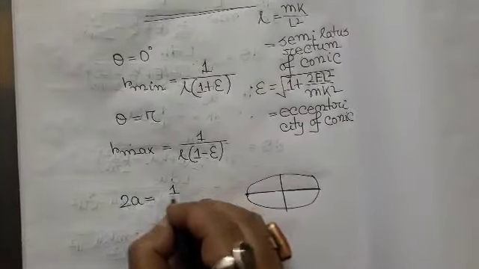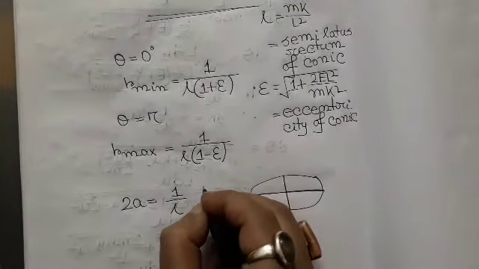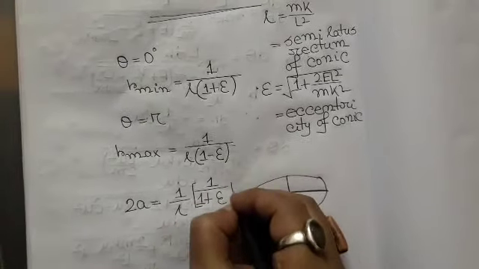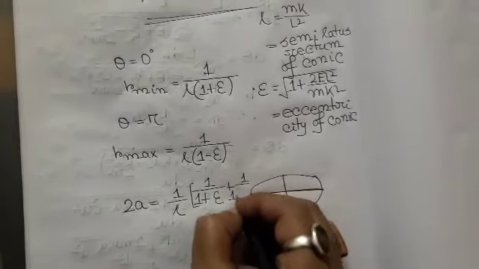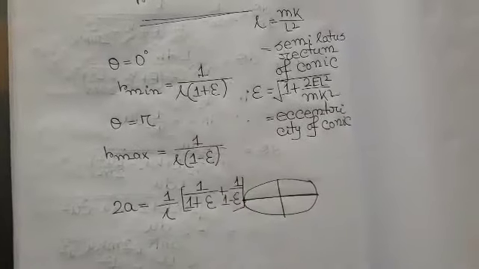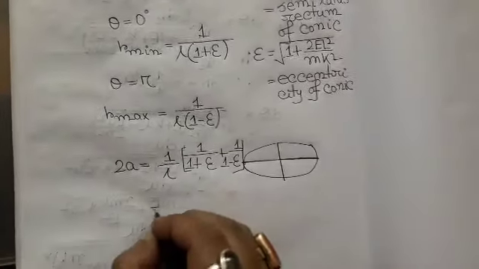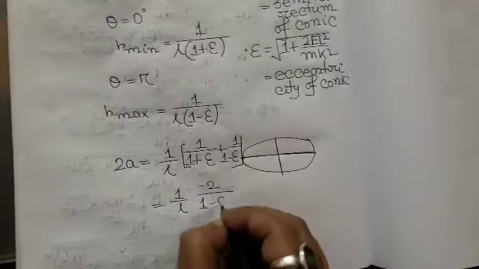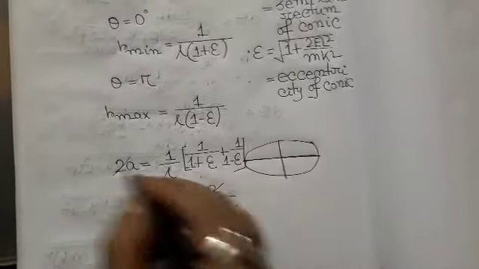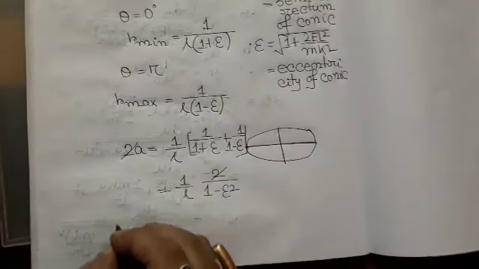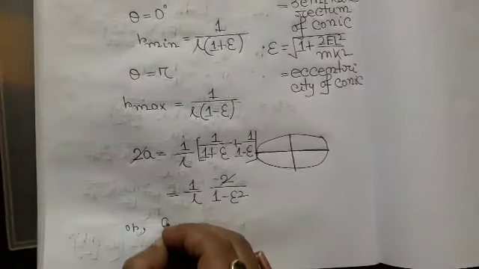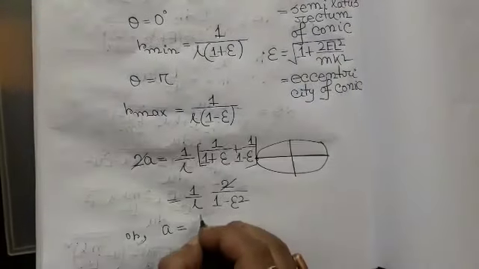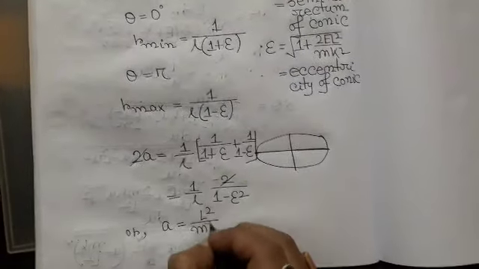So if we simplify it, then what would become 1 by 1 plus epsilon plus 1 by 1 minus epsilon. Okay, so this will become 1 upon l into 2 by 1 minus epsilon square. 2 cancels. So if we simplify it, then my l will be mk by L square. So what is 1 by l? L square by mk.